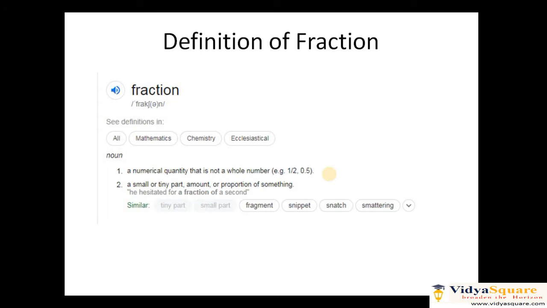So these are called fractions, which are part of something. That's why Google defines this as a small or tiny part, amount or proportion of something, a fraction of something, right?